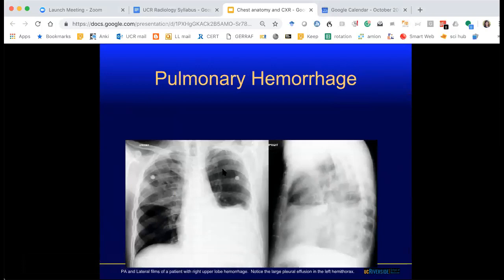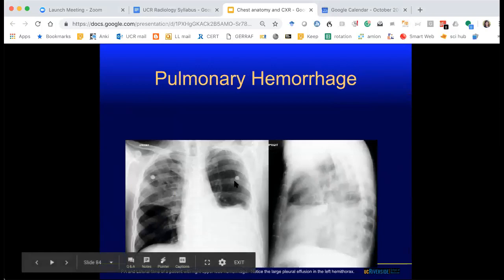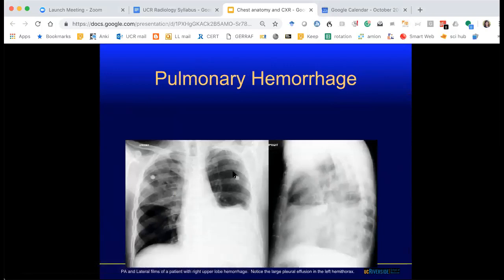So here, what do you see? We have a frontal and lateral radiograph. There are no lines or tubes. And the lungs, what do you think? What do you think about the lung volumes? It's probably a little bit lower, okay? And then what about the lungs themselves?